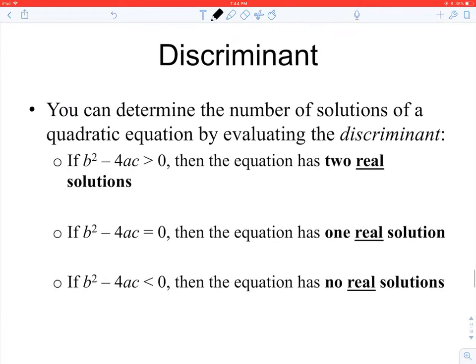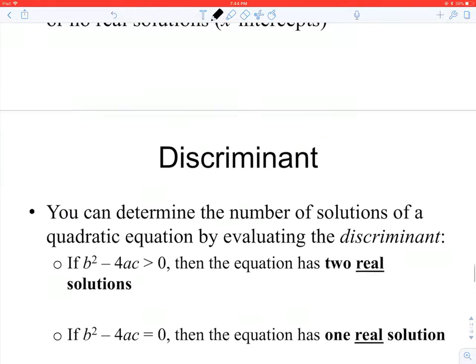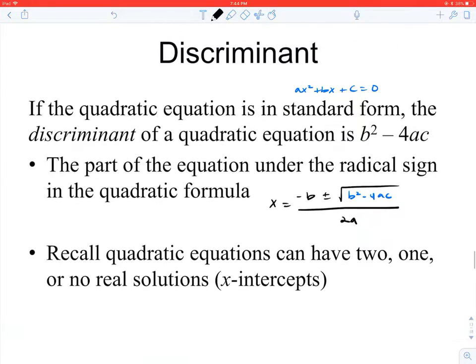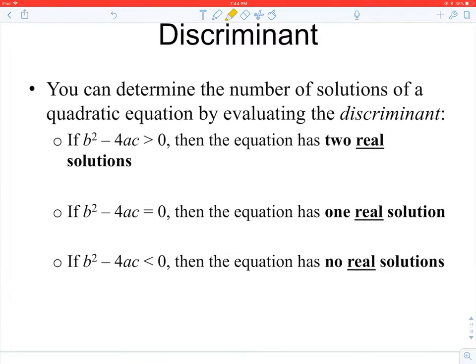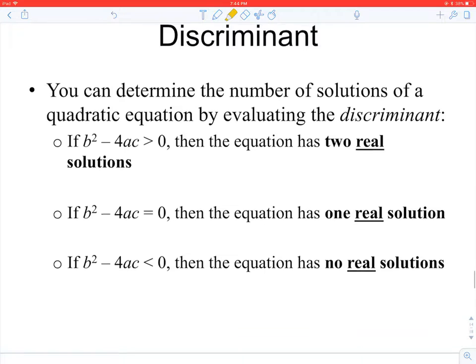So if the discriminant is greater than 0, if it is positive, then the equation has two real solutions. Think about it: if you're using the quadratic formula and the value underneath the radical is positive, you'll have negative b plus or minus whatever that value is, giving you two real solutions.